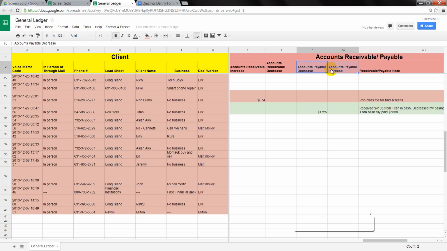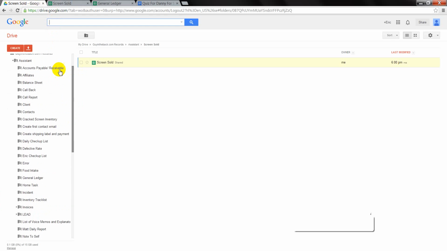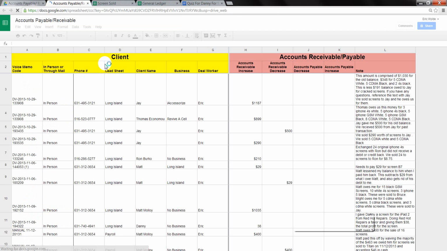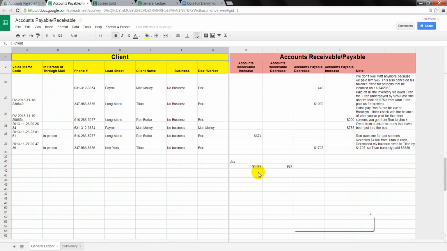And then we basically always have to put a receivable payable note, because if we see these accounts changing, we want to know why. Once again, if we wanted to quickly find out how much money people owe us right now, we would go to Accounts Payable / Receivable, click on it, and there you go. We could simply sum up everything at the bottom and figure out how much money is owed to us.